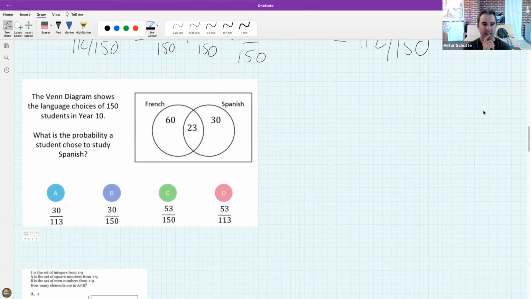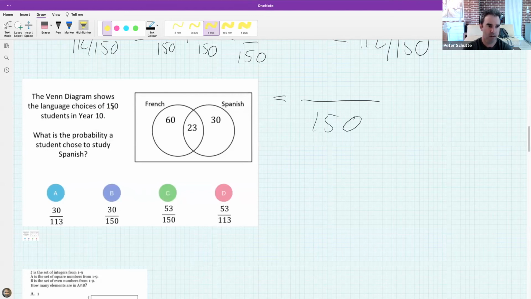The number of possible outcomes is 150 because it shows 150. Spanish is going to be this one, which means it's 53 over 150, which is C.